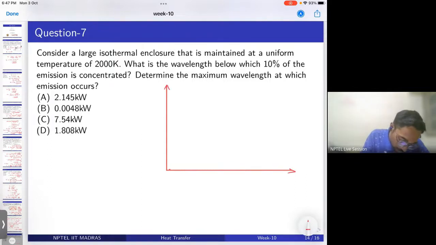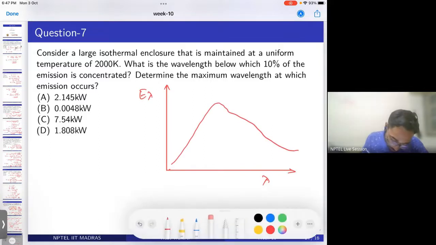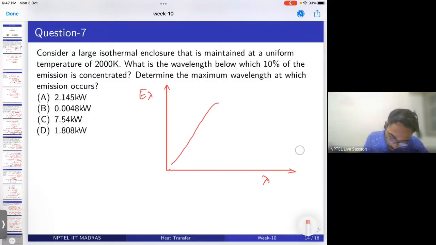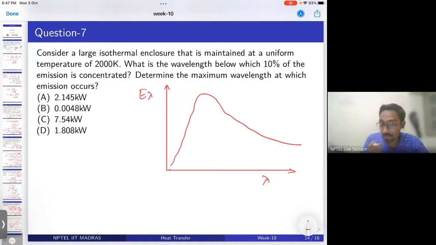So this is E lambda and this is lambda. For a black body, we will get a distribution something like this. Sorry for my bad drawing. So this is the maximum. This is for a particular temperature, right?